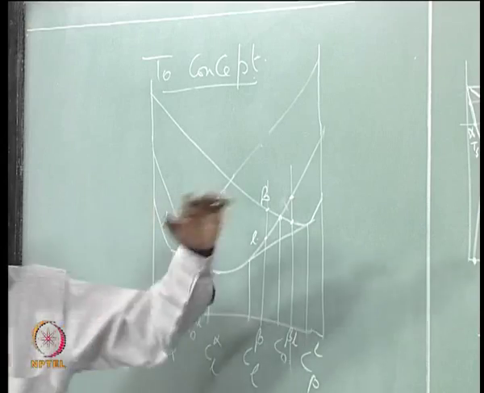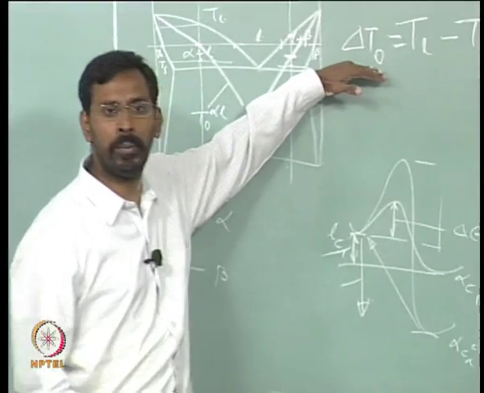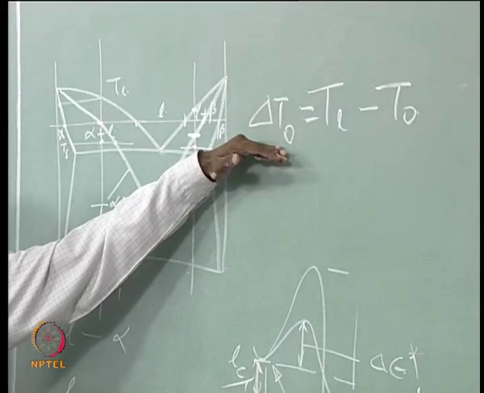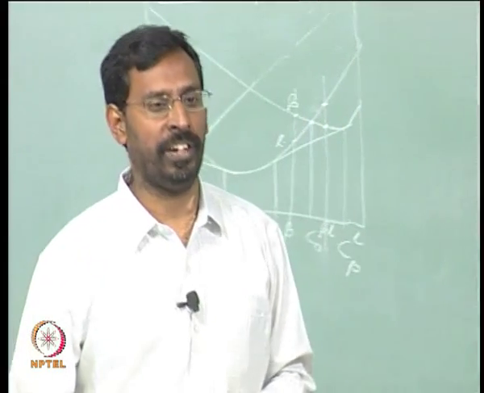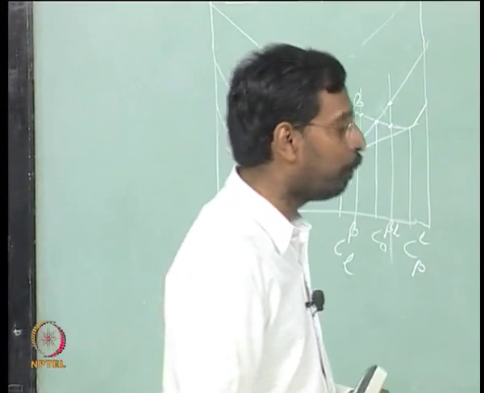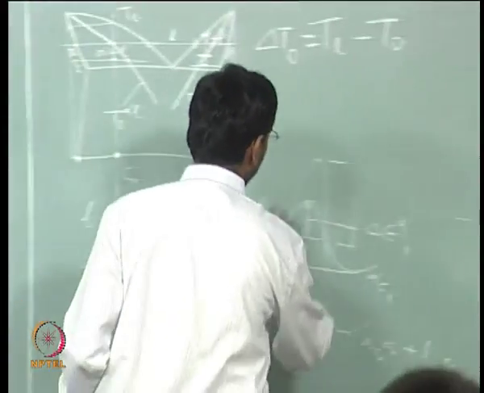So, this is the minimum delta T naught that you should give. That is where we see that if you go deeper, this is also not sufficient. What is the problem? The problem is this.